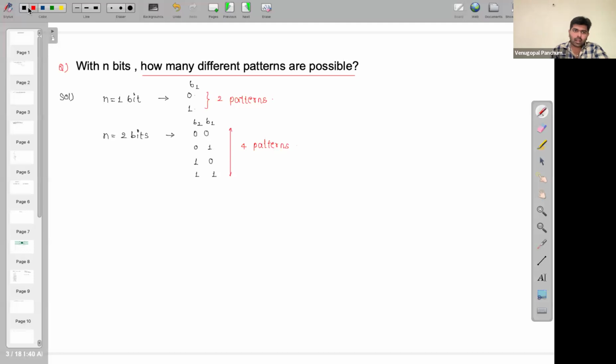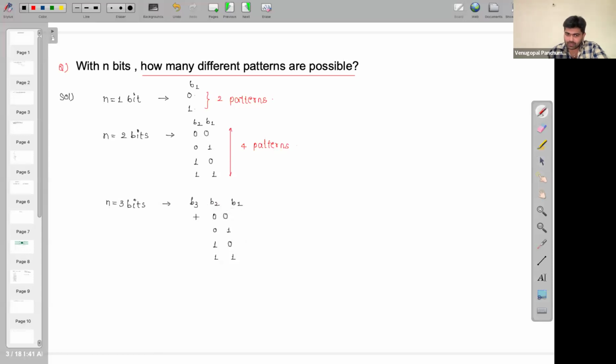Now, if I have 3 bits, n equal to 3, see what's going to happen. 3 bits means B3, B2, and B1. You take all these 4 as they are and put them here.